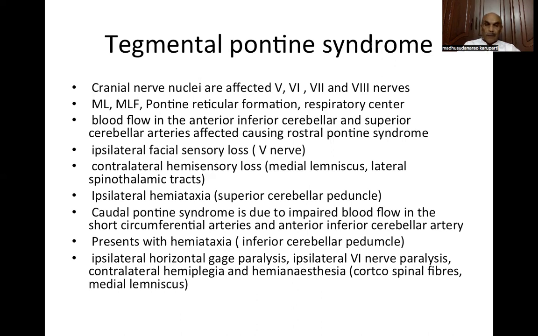Due to the involvement of the corticospinal fibers and medial lemniscus, it results in contralateral hemiplegia and hemianesthesia. There is ipsilateral horizontal gaze paralysis with ipsilateral sixth nerve palsy, because the tegmentum of the brainstem contains all the cranial nerve nuclei.